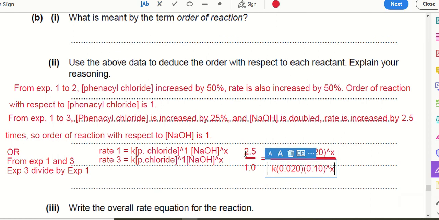Now you can see that 2.5 divided by 1 is 2.5.